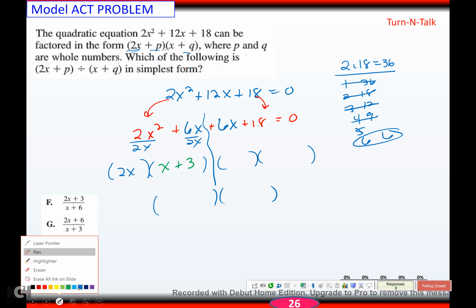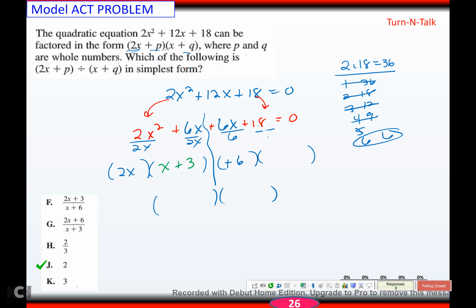GCF the other side, positive 6 will work. Divide by positive 6, I get x plus 3. GCF again by x plus 3. Divide to get what's left, and you have 2x plus 6. So that tells me that P is 6 and that Q is 3.